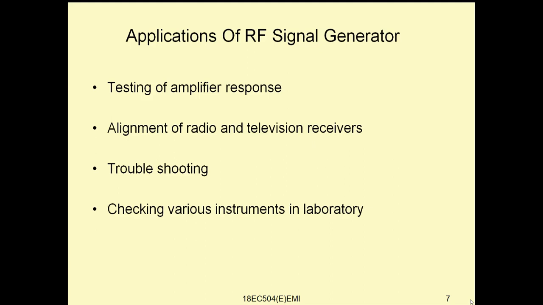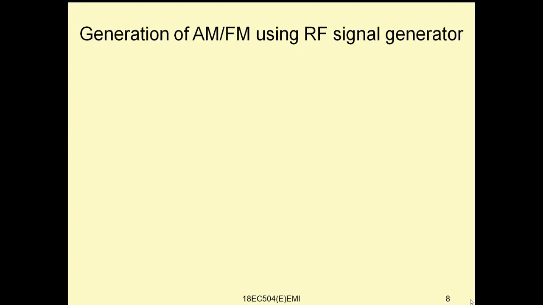Almost similar applications as the function generator, but here we use it for high frequencies. It is also used for troubleshooting and checking various instruments in laboratories, in educational institutions, and for generation of AM and FM waves, amplitude modulated and frequency modulated waveforms.